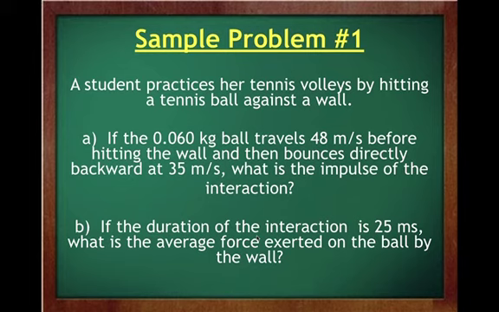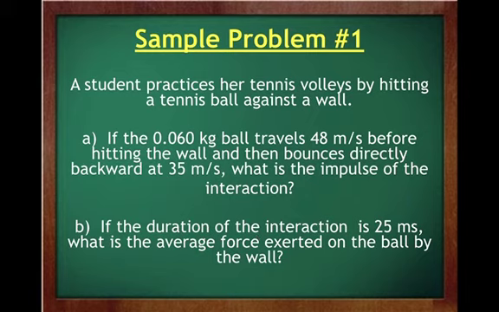Okay, so again, what we can look at there is, we're now given a change in time. So we've got that our delta t is now 25 milliseconds. So you would then have to divide that by 1,000 to get that into seconds. And we do have our force as well.